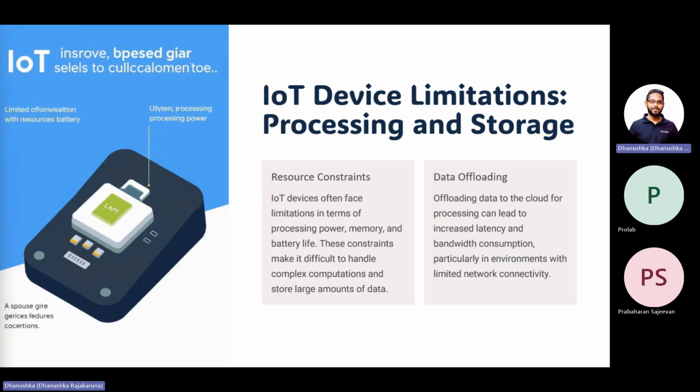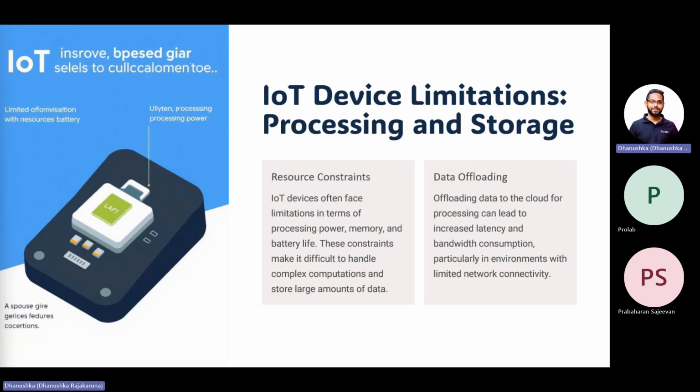Many IoT devices rely on small embedded storage modules, often in the range of kilobytes to a few gigabytes. So high-frequency data generation can quickly exceed storage capacity, necessitating offloading to external systems.